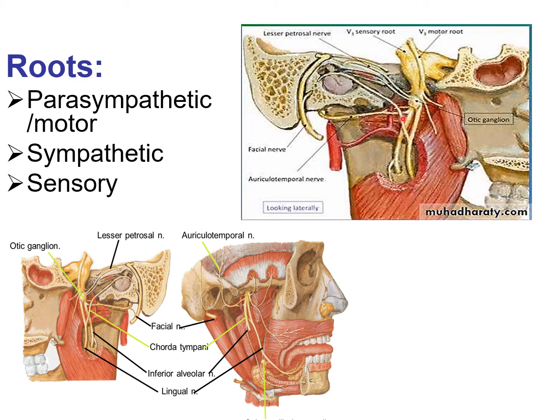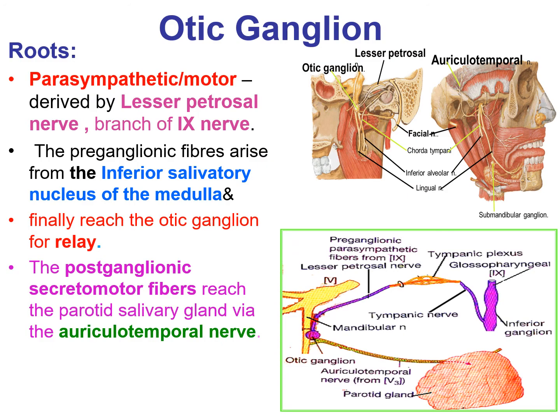The otic ganglion is carrying the parasympathetic or the motor root, the sympathetic root, and the sensory root. Talking about the parasympathetic or the motor root, we have discussed this in the lecture on the parotid gland as well. The parasympathetic root is derived from the lesser petrosal nerve, which is a branch of the ninth cranial nerve, the glossopharyngeal nerve.